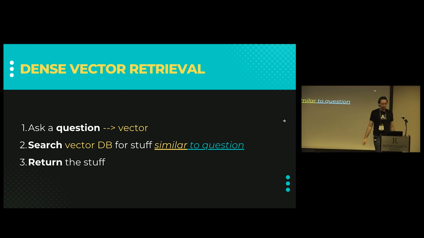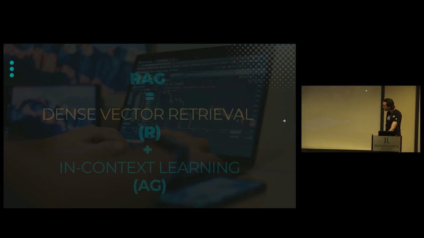So this hopefully brings it together. This is all vector stuff, right? And that's the idea, dense vector retrieval.